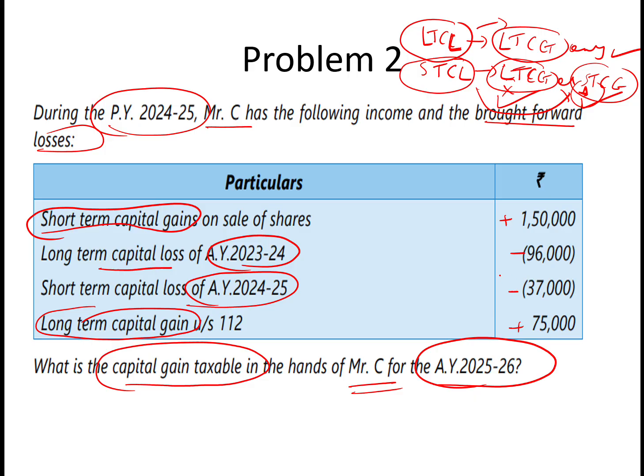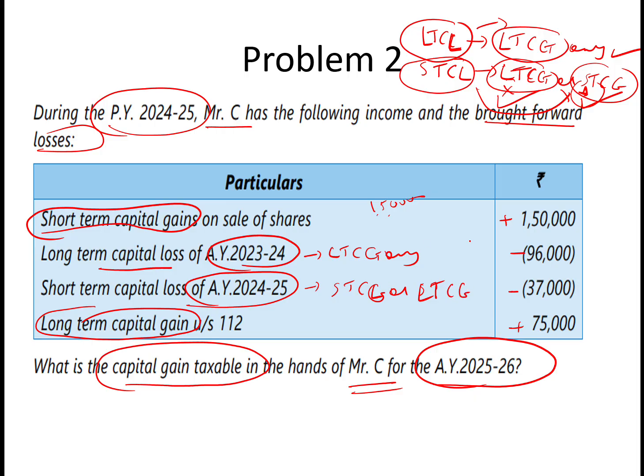Now first we will take short term capital gain of 1,50,000. So please remember, short term capital gain is there. So we have short term capital loss and long term capital loss. Long term capital loss can be set off against long term capital gain only, and for short term we can go for short term capital gain or long term capital gain.